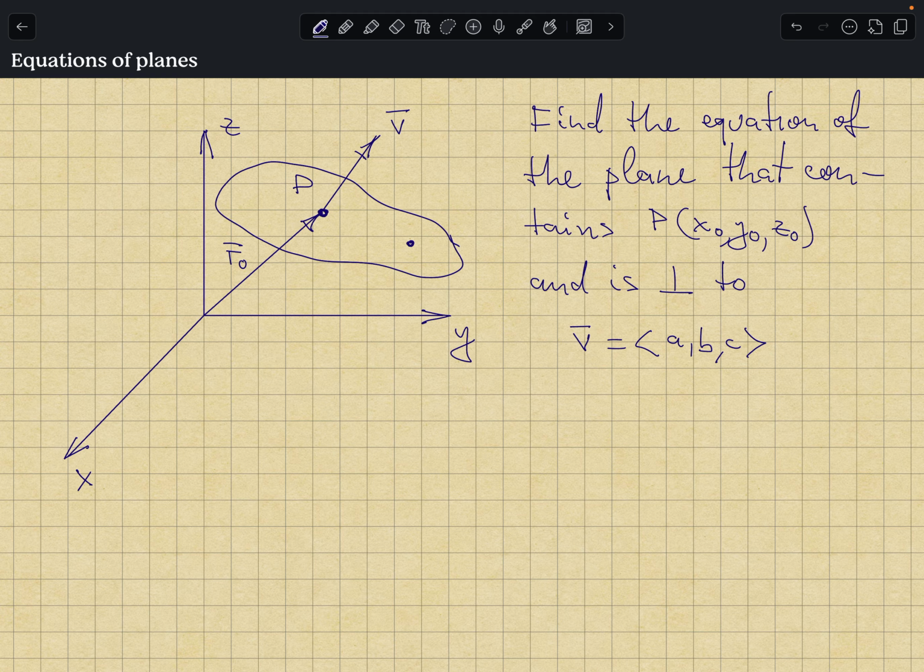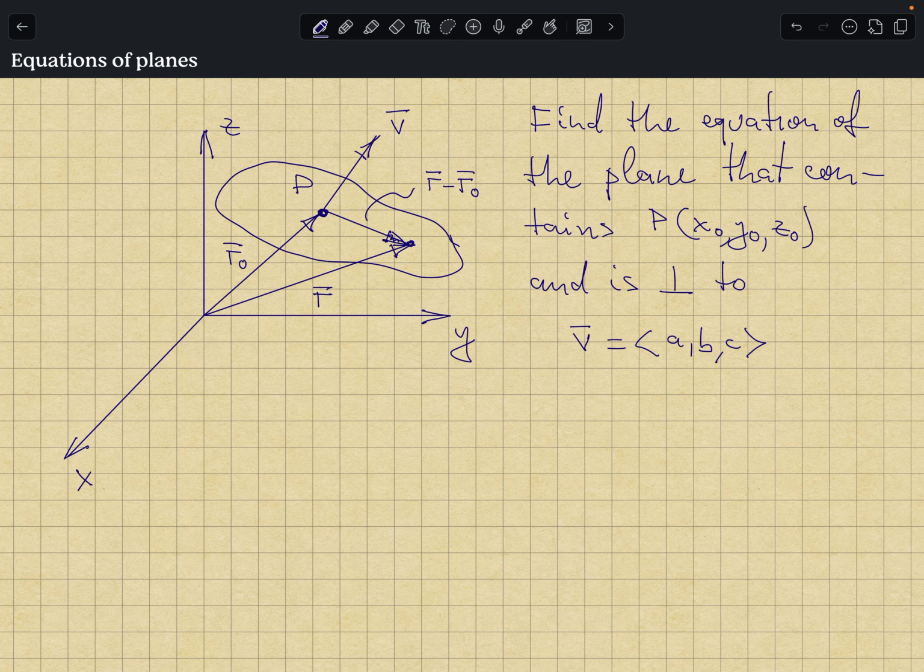Then I can pick an arbitrary point on the same plane and call the position vector to this point R. And then, just like we did before, I can connect the endpoints of the two vectors by a third vector, and it should be easy to convince yourself that this third vector is again R minus R0, right?